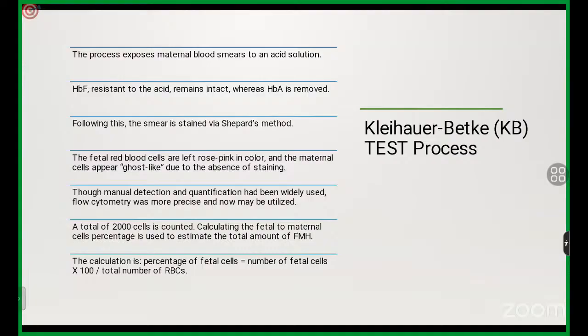Although manual detection and quantification has been widely used, flow cytometry was and is more precise and may be utilized also. So it's not cast in stone that we should use the KB method, but I'm going to emphasize on it because you see Kenya is a third world country, and most of our facilities are low resource facilities.